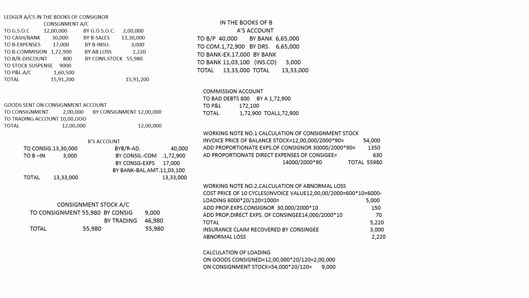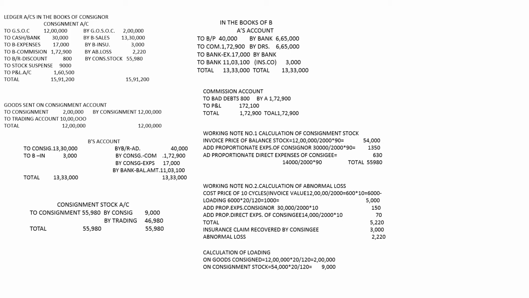So he is given 10% normal commission, 2% del credere commission, and 1% overriding, total 13%. So on 13 lakh 30,000 he is getting 13% commission, that is 1 lakh 72,900 to be commission.